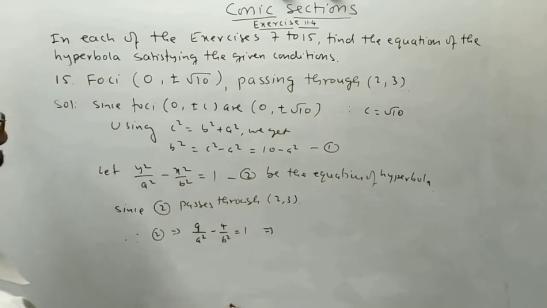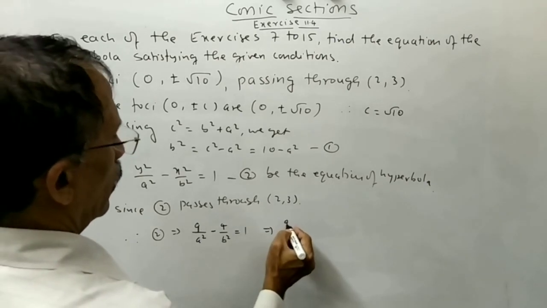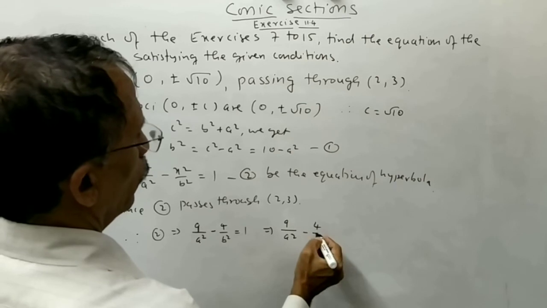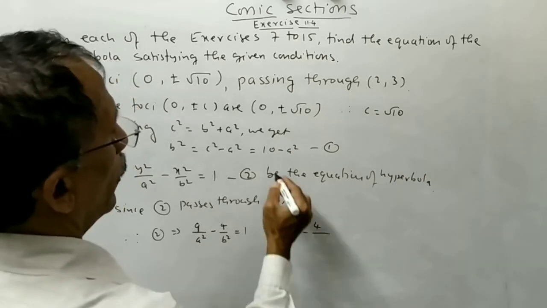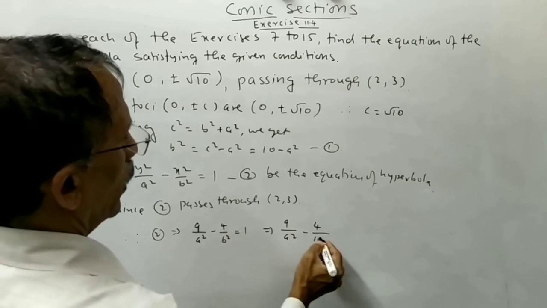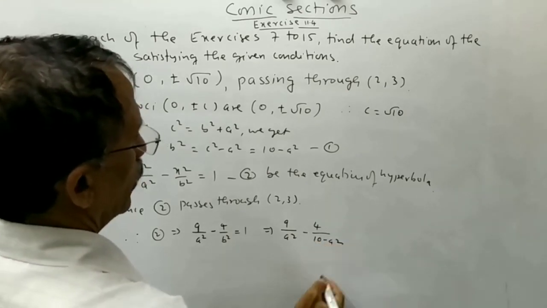This implies 9 by a square minus 4 divided by b square, whose value we can write as 10 minus a square, from 1 we have substituted, is equal to 1, right as it is.